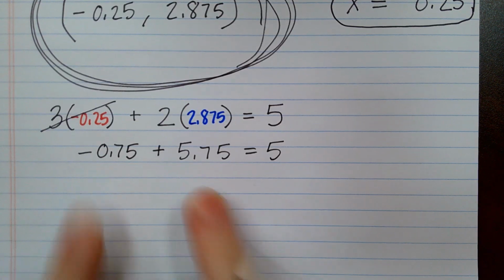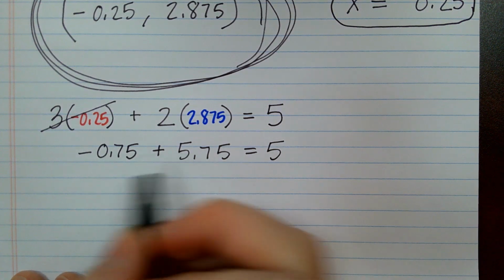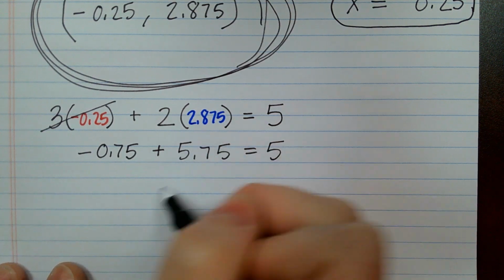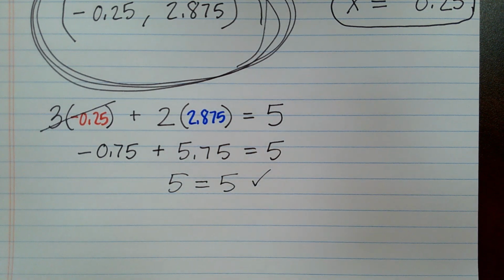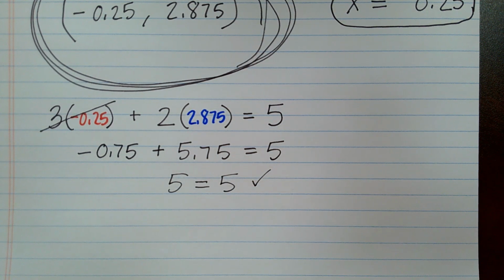And what do you know? When you add those together, you do get 5. And 5 equals 5 is true. So your answer is correct.